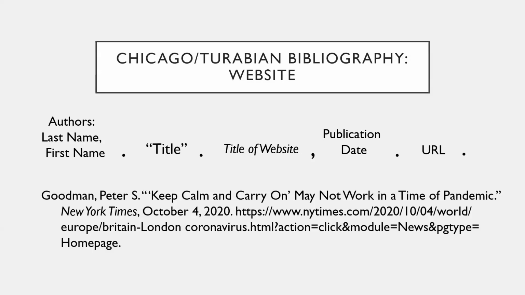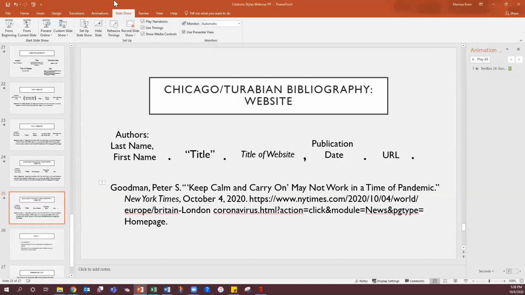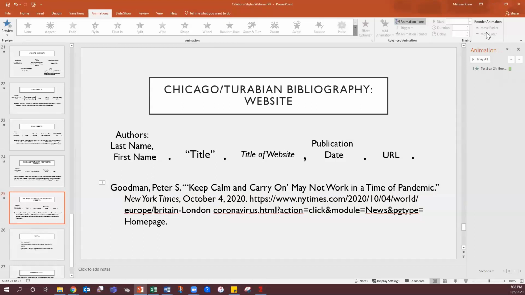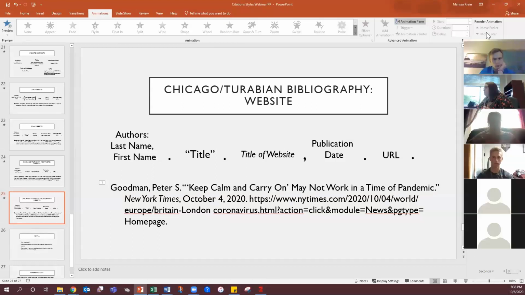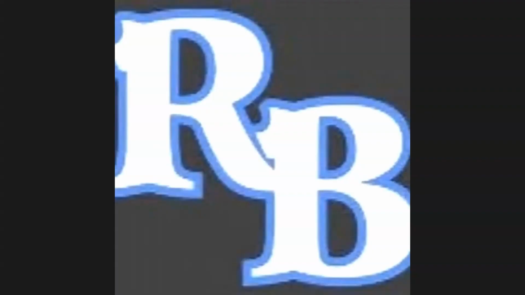So I do want you to go to that second link I put in the chat. I'm going to stop sharing. So that second link I put in the chat, does everyone see that? Yes. So go ahead and click on that, and I will click on it too.